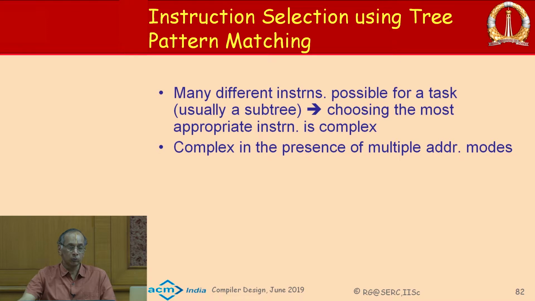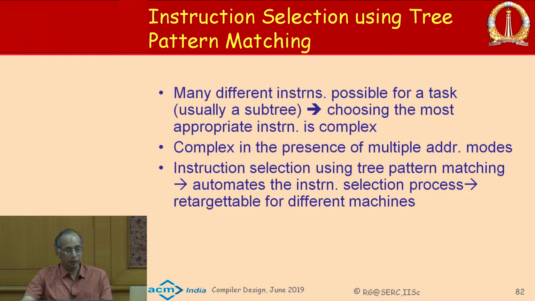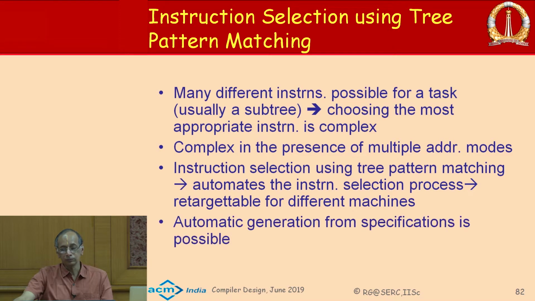And you do not want to manually write much of this code. Again, different possible addressing modes complicate the matter, and there are different possible instruction combinations that can generate code for the same set of instructions. And lastly, we want to see whether the process of writing the code generator itself can be automated.